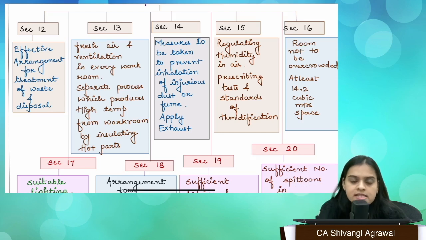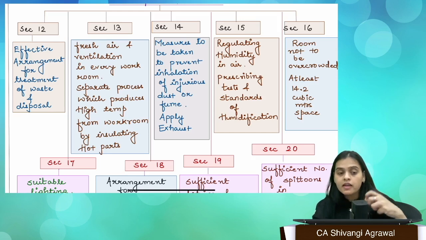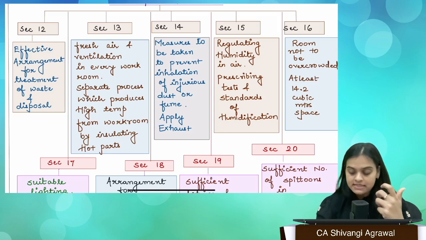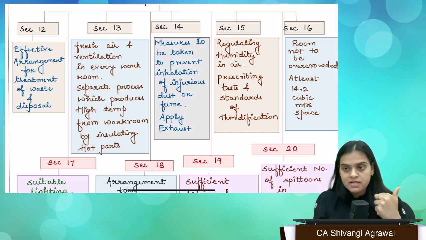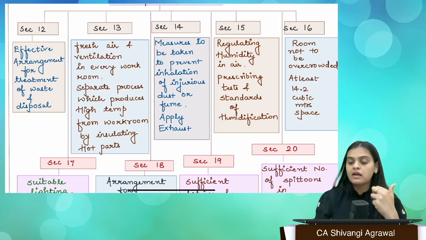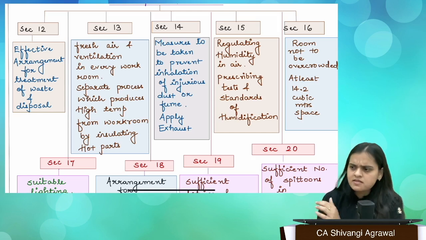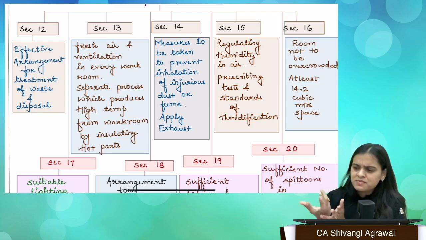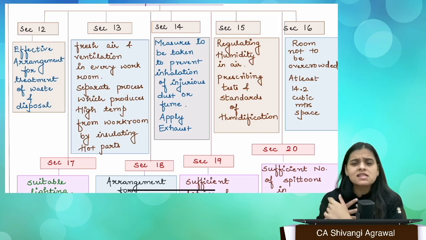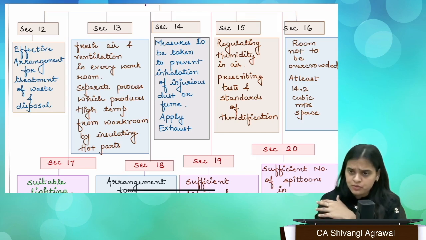The next one is section 14, which talks about dust. So there could be a lot of dust, because if you all know, let's say we have some carpenter at our home and he's working. Now every time he cuts a particular wooden piece, there will be a lot of different types of dust which comes, and it's extremely harmful also, right?